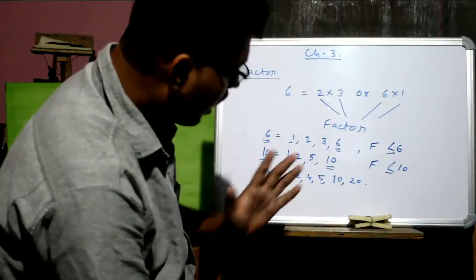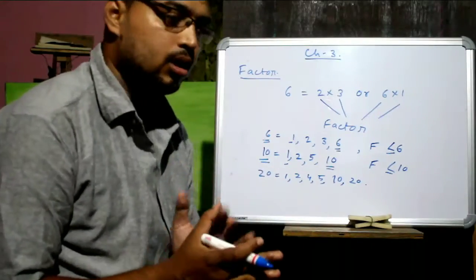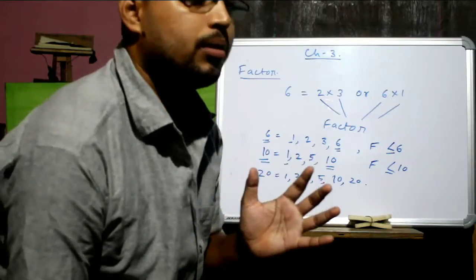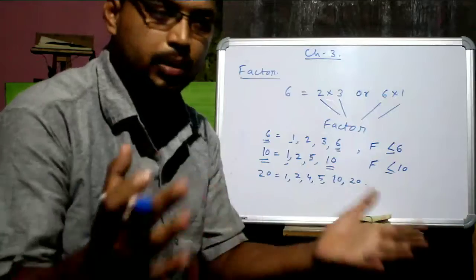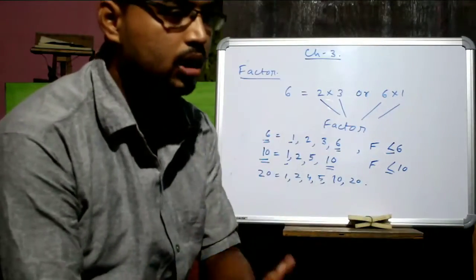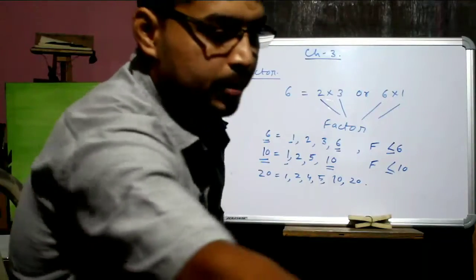So for any number, the factors are finite. Maybe for some number we will get 4 factors, 5, 6, 7, 20 or 100 factors, but these are all within a limit, a finite number.